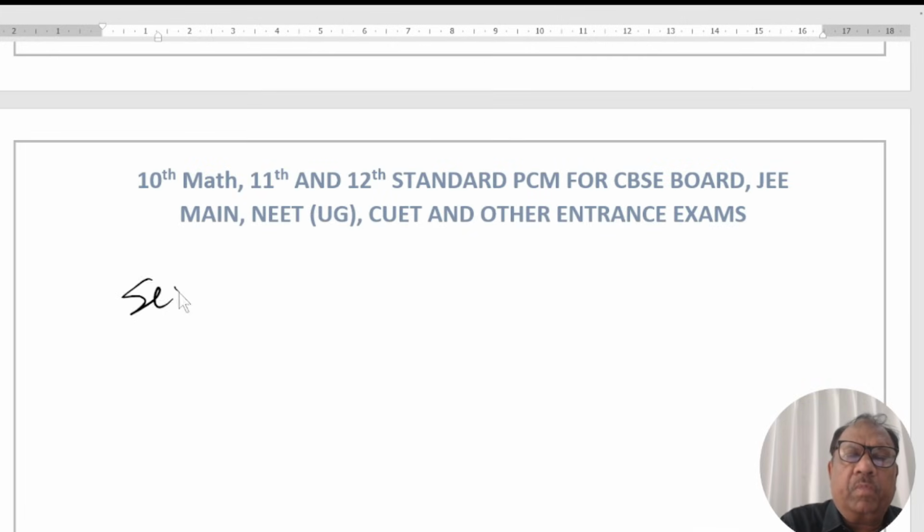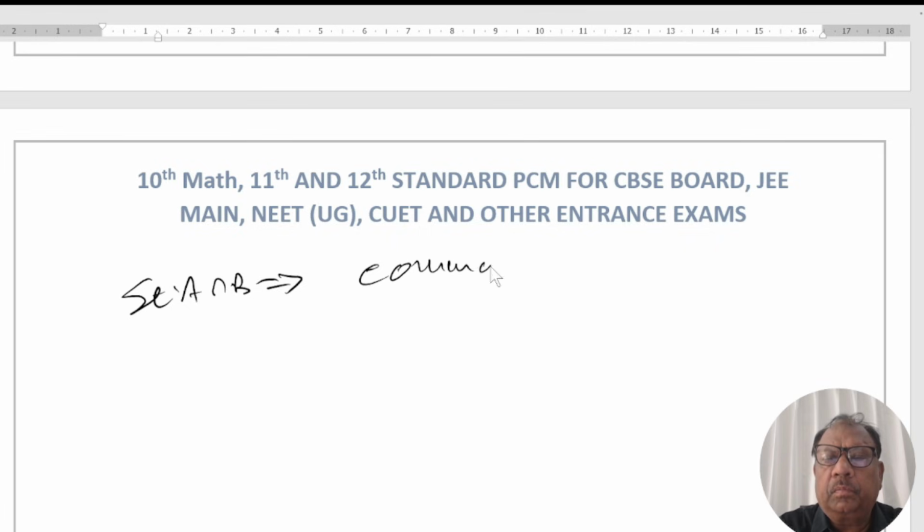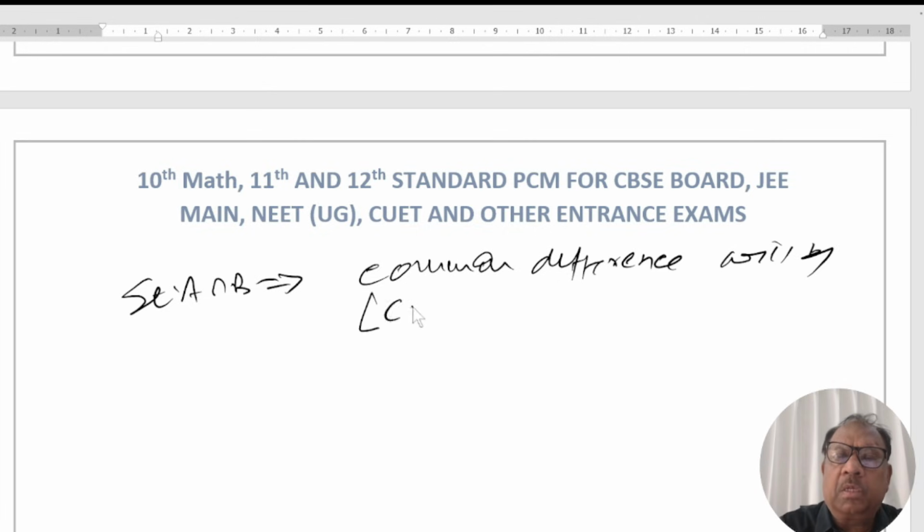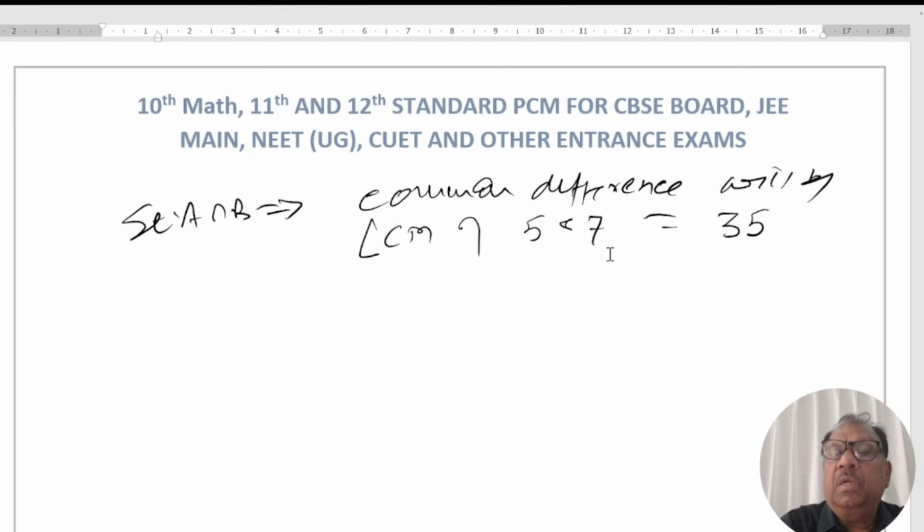Set A intersection B. Common difference will be the LCM of 5 and 7, that is 35. Right?